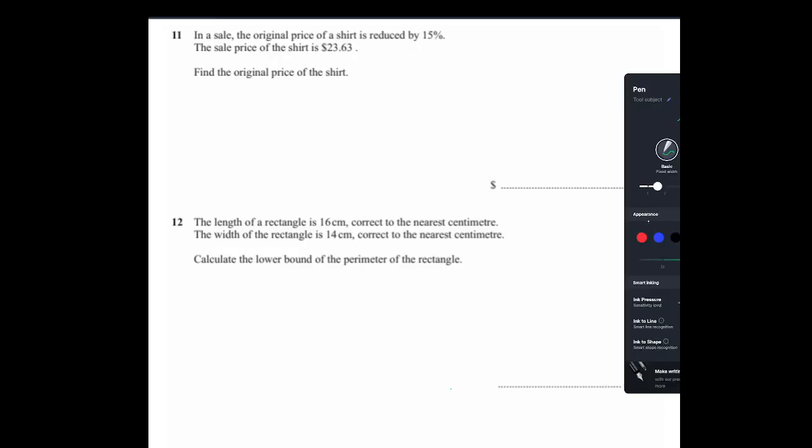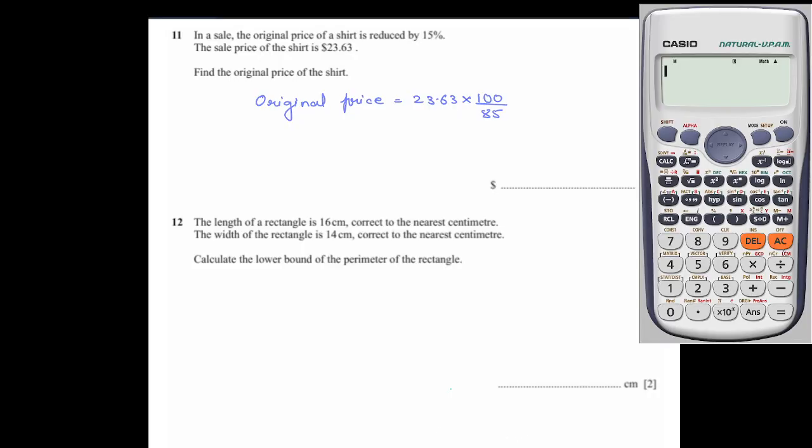So to find out the original price, we will have to multiply 23.63. Original price is equal to 23.63 multiplied by 100 by 85, because 15% was reduced, so that 15% will reduce from 100 and make it 85, and 23.63 into 100 by 85 we will do to get the original price. $27.8.